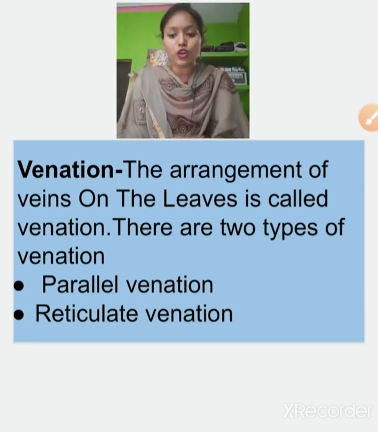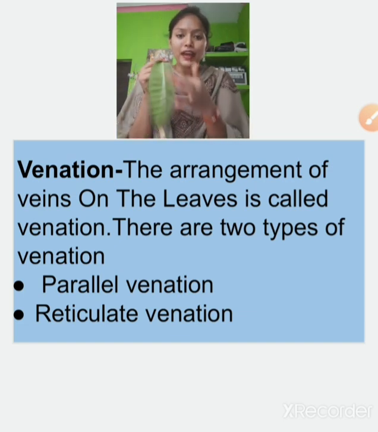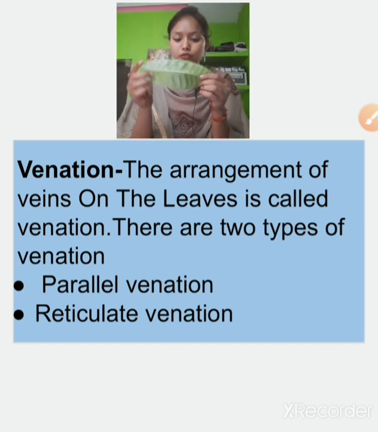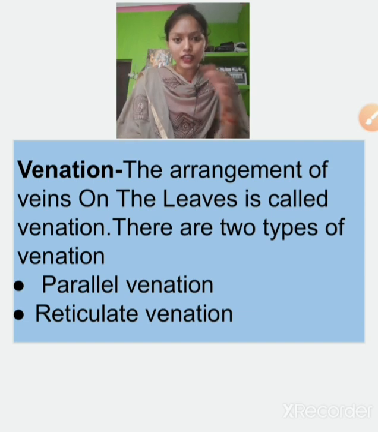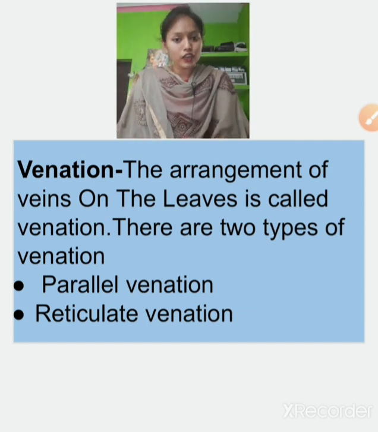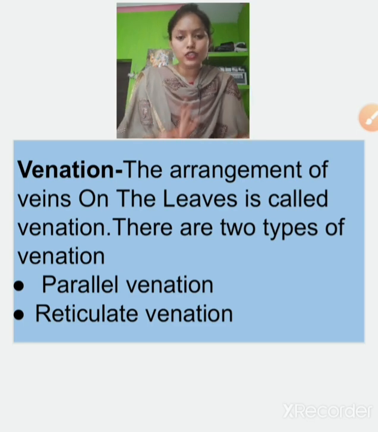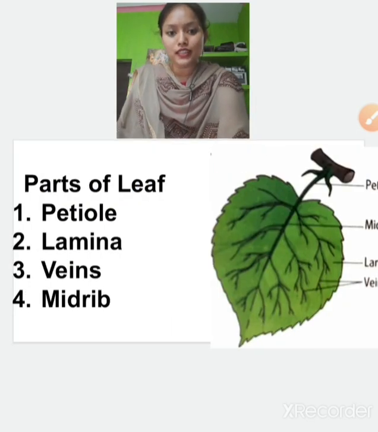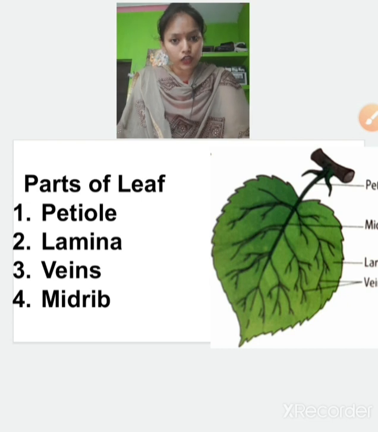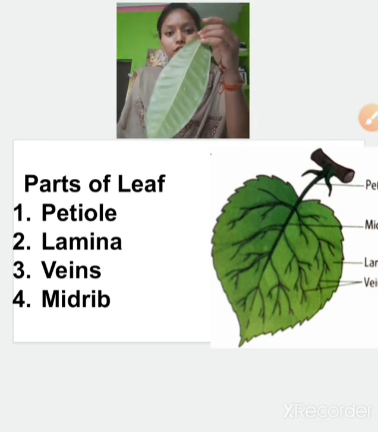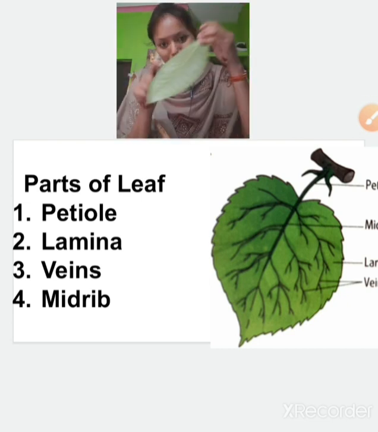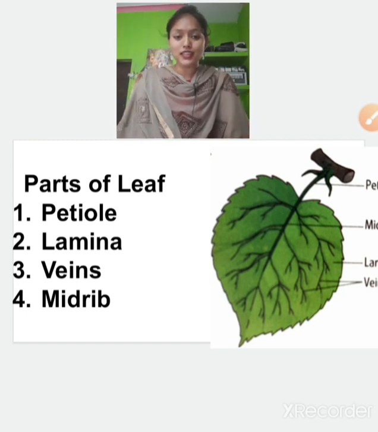Parallel venation is when the veins are parallelly arranged on the leaf. If they are not parallelly arranged, that is known as reticulate venation. As you can see in this image, it is the reticulate venation, and the leaf I am holding has the parallel venation. So this we have studied today.